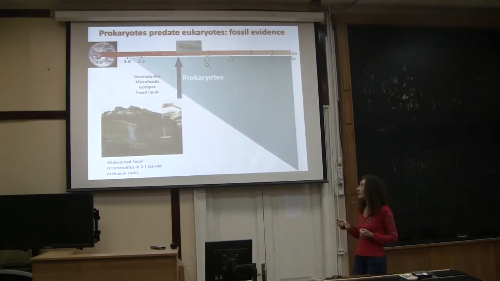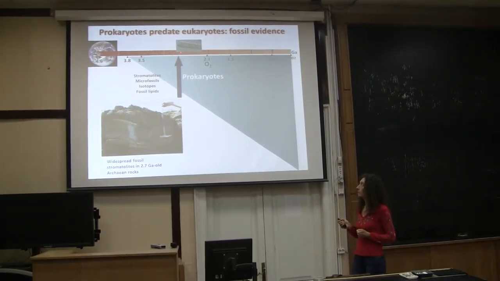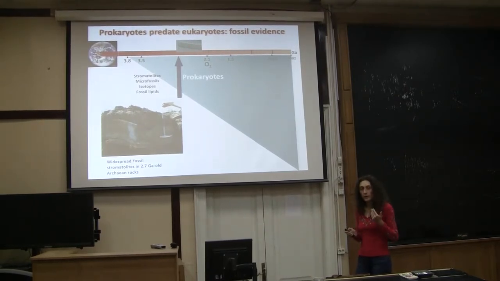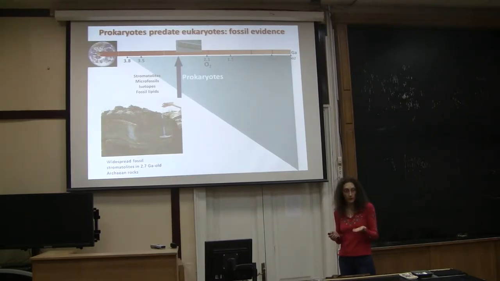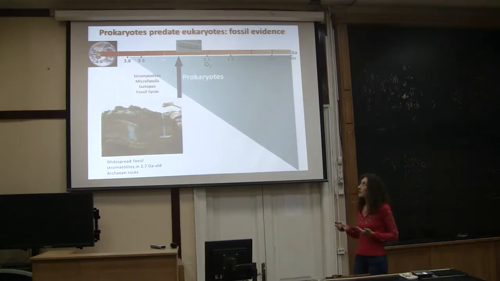So this means that cyanobacteria must have evolved much earlier than 2.4, because oxygen had already begun to accumulate in the atmosphere, and before that can happen, it has first to oxidize all the minerals. All the minerals at the surface had to be oxidized before oxygen could accumulate in the atmosphere. That means that most likely cyanobacteria had already appeared at 2.7 billion years ago, when massive microbialites, fossil stromatolites, occurred.